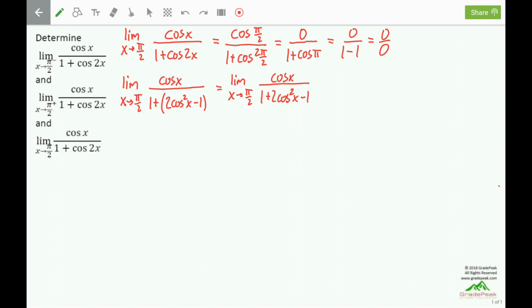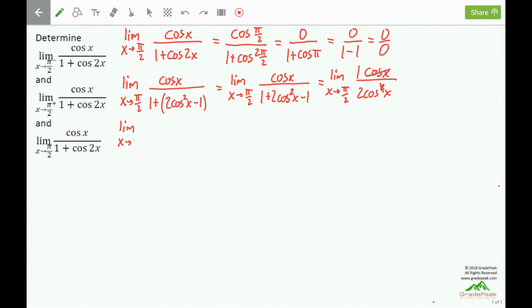The 1's can cancel because of a 1 and a negative 1, and this will then become the limit as x approaches pi over 2 of cosine of x over 2 cosine squared of x. One of the cosines in the denominator can cancel with the cosine in the numerator, leaving a 1 in the numerator.